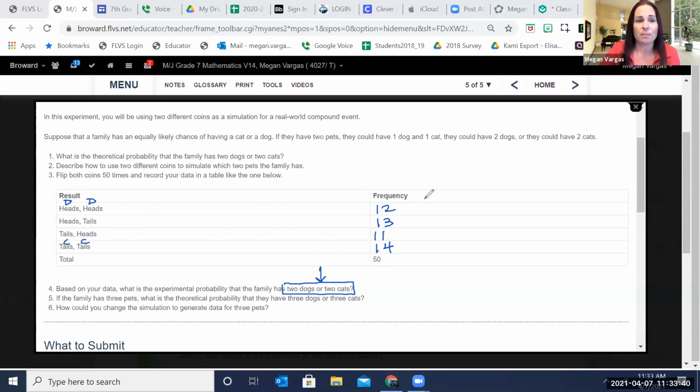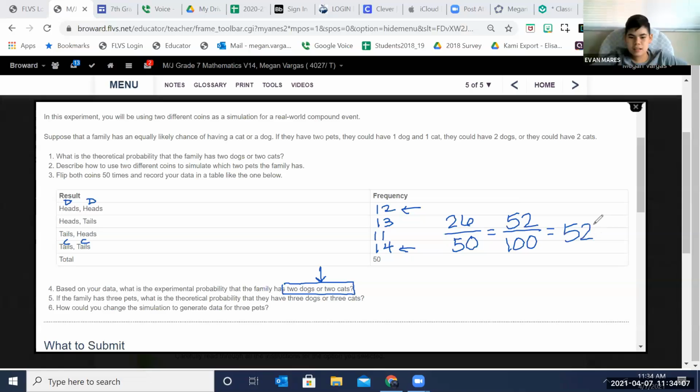That means I would look at this one and this one as both being favorable outcomes. 12 plus 14 gives me 26 out of 50. So based on the data, the experimental probability would be 26 out of 50. We could also write that as a percent by doubling, so we could write 50% chance.